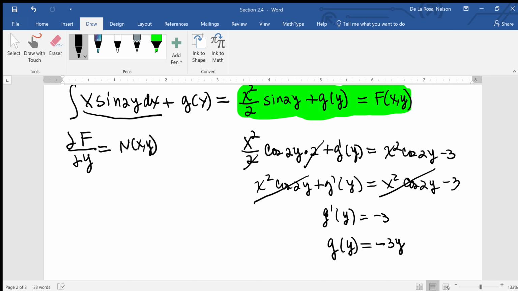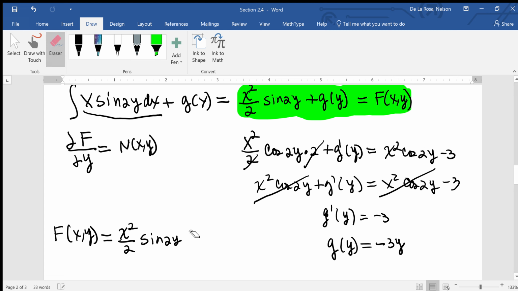So our function, our solution, is what? The previous integral we found, x to the second divided by 2 sine of 2y plus g of y. What is g of y? Well, we just found it. g of y happened to be -3y.